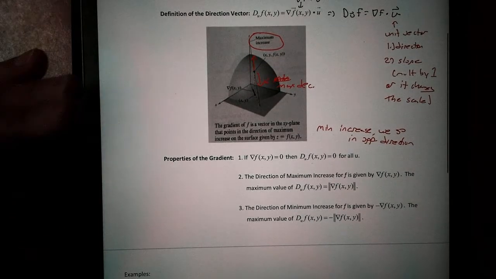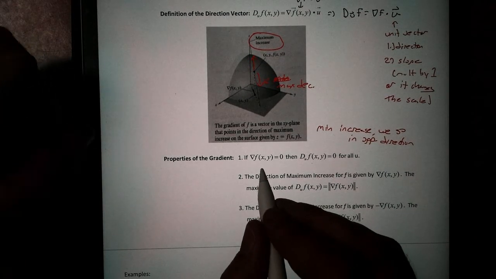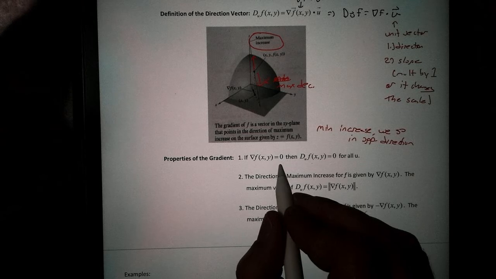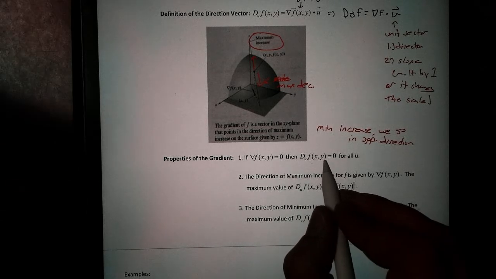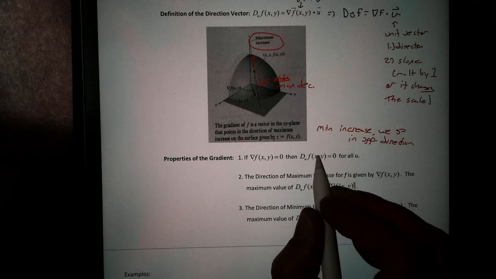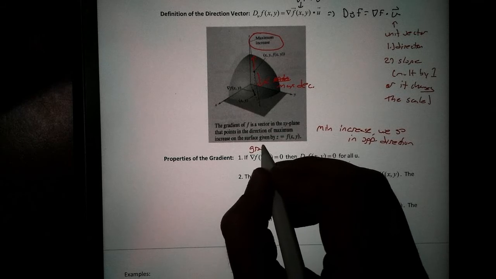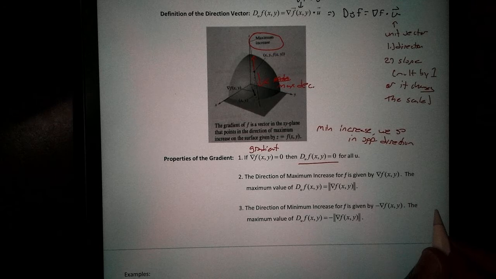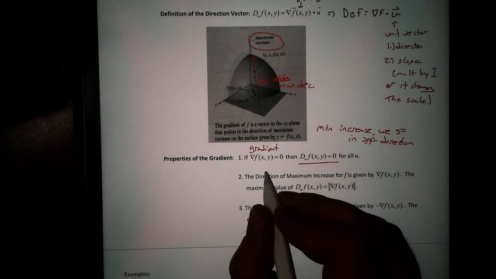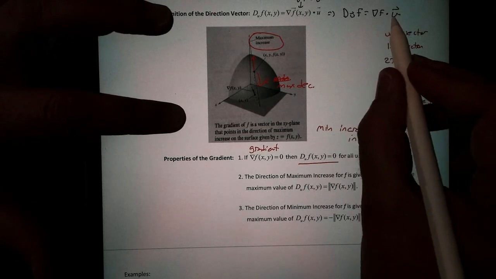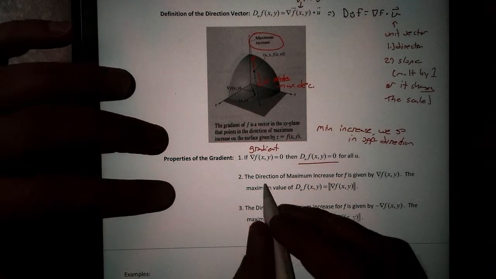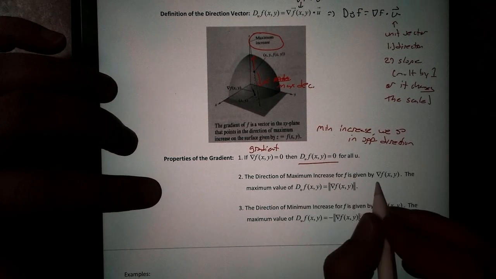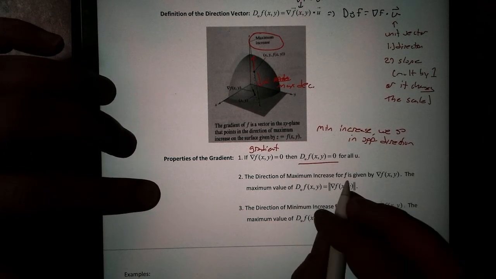So some properties of del. One, if our gradient is 0, then our directional derivative is going to be 0 for all u as well, because that's just multiplication right there. 0 times anything is 0. To get the direction of maximum increase, we look at del f.